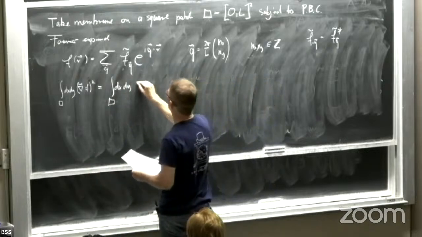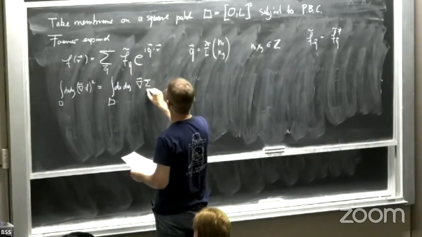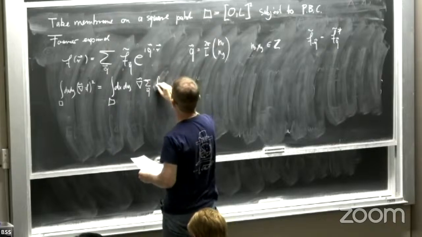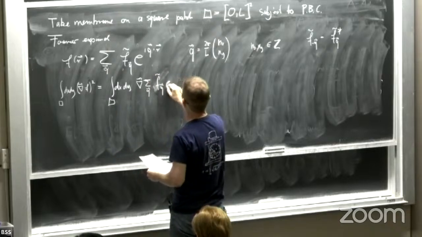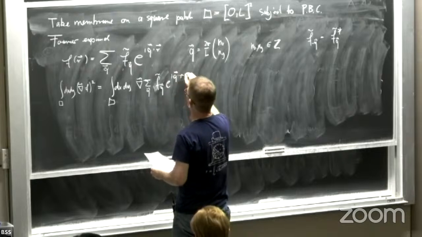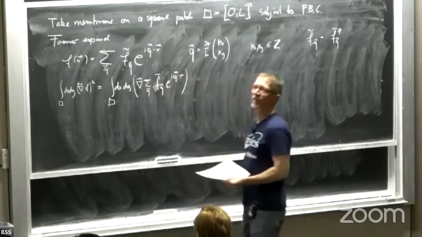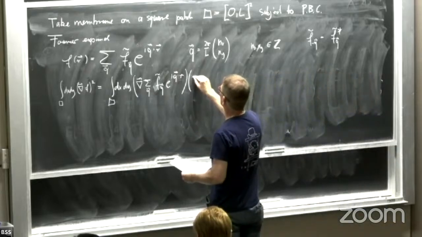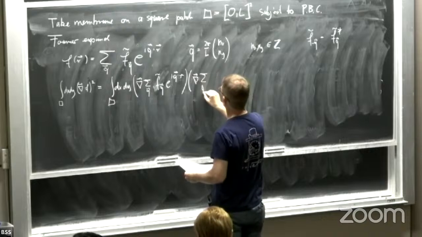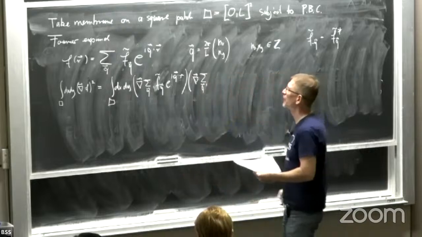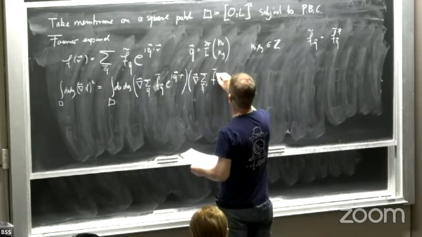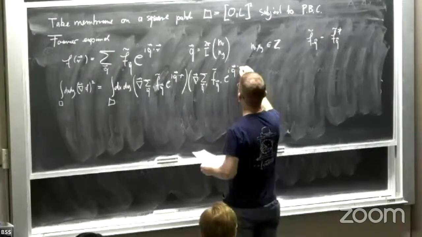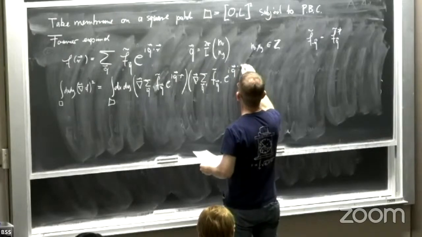So I have a grad of a sum over q of f tilde q e to the iq·r. That's one of them. And I need another one. Grad of the sum, but being careful to use a different summation variable, q prime, f tilde q prime e to the iq prime·r.